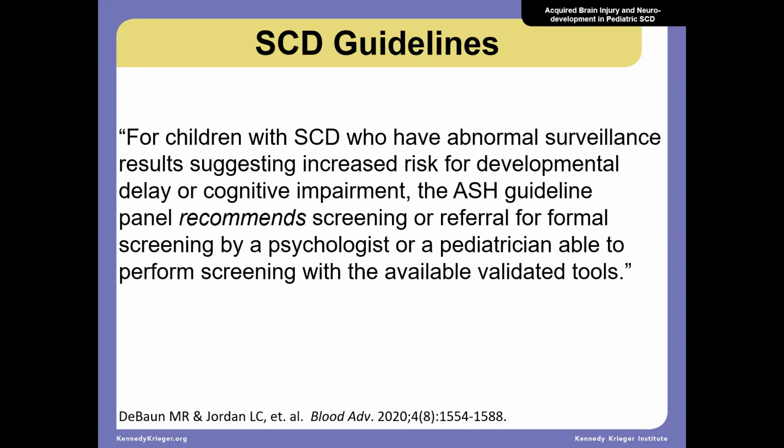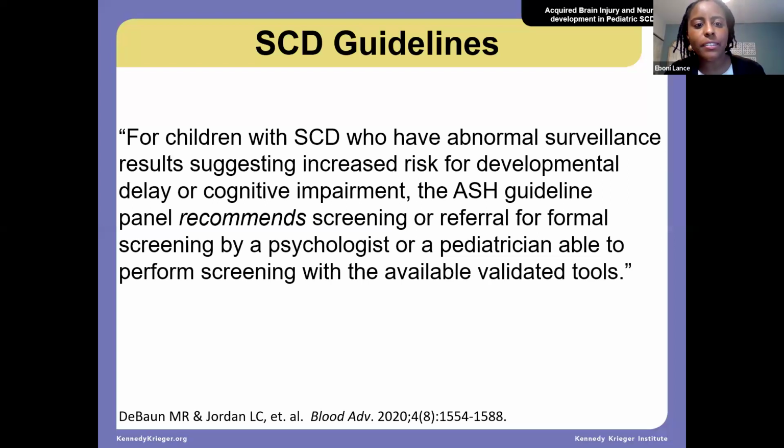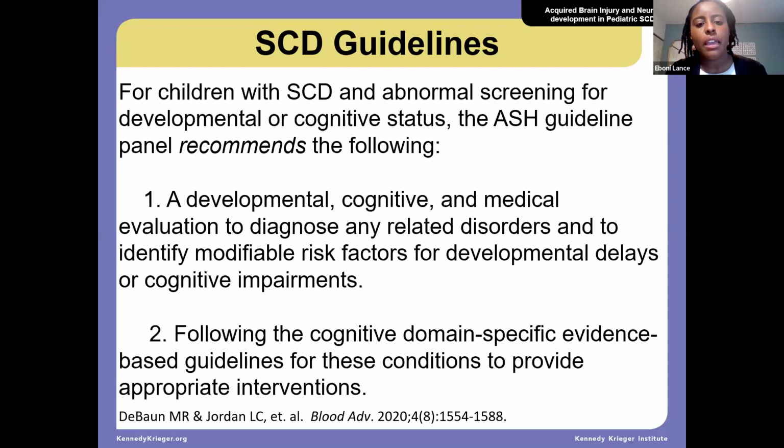And then for children with abnormal surveillance, they suggest formal screening by a psychologist or a pediatrician that can then do the developmental or cognitive screening. And then if those patients have positive surveillance and screening, then they should see someone like me for a full developmental, cognitive, or medical evaluation to diagnose any related disorders and identify modifiable risk factors, and then receive appropriate treatment.